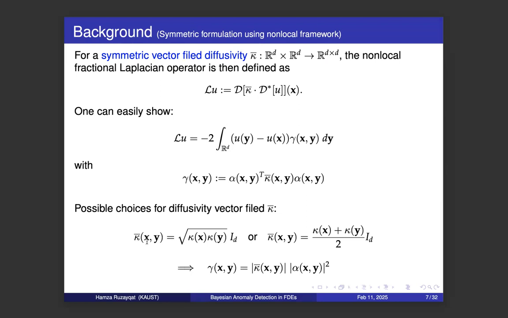And in this way, if you change x and y, you will still have a symmetric function. Or you can take it to be the average, kappa x plus kappa y over 2, times identity. Let's stick with the first one, then gamma xy becomes, because this is identity, the determinant of kappa xy times the norm of alpha xy squared.